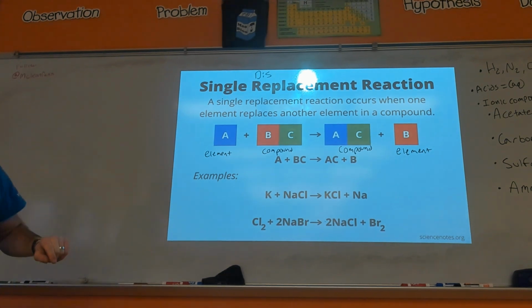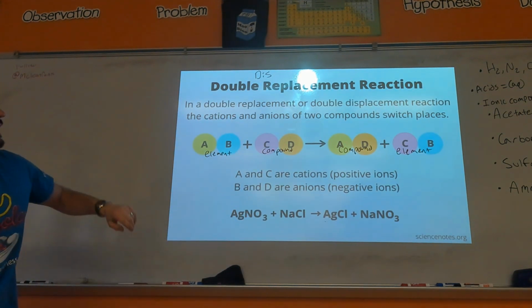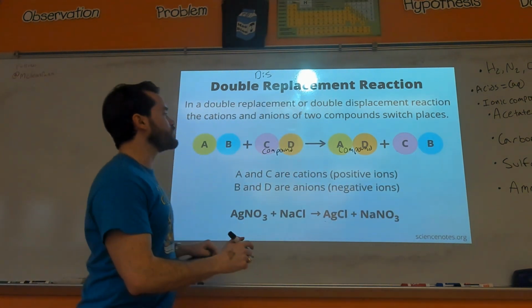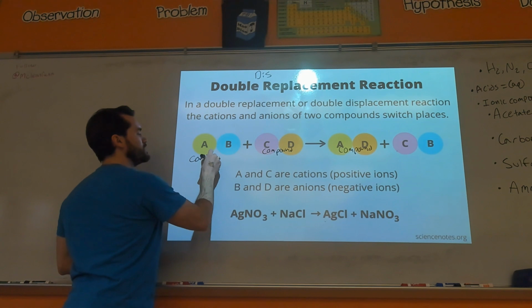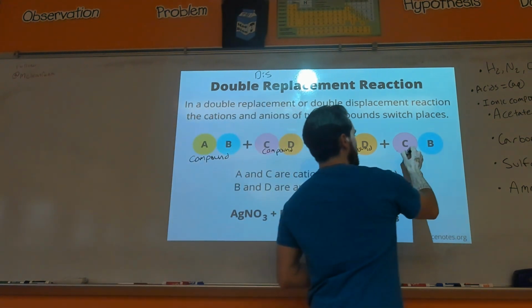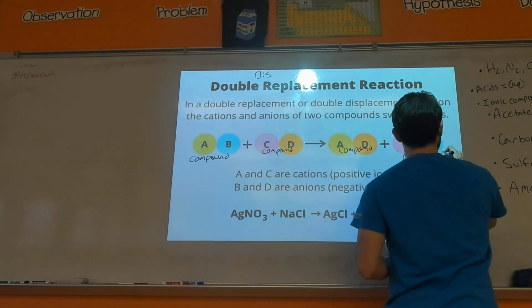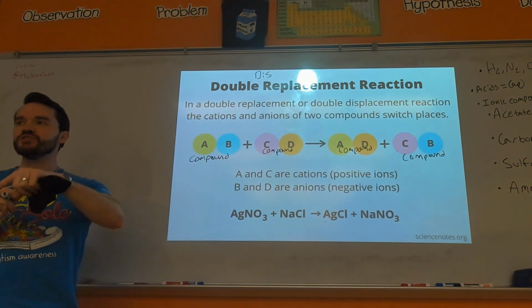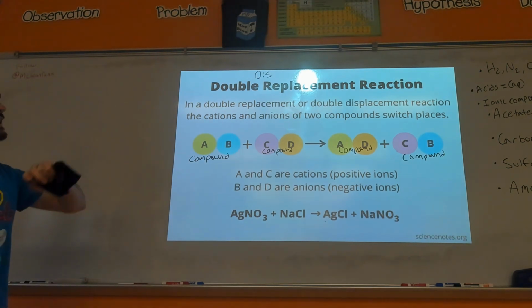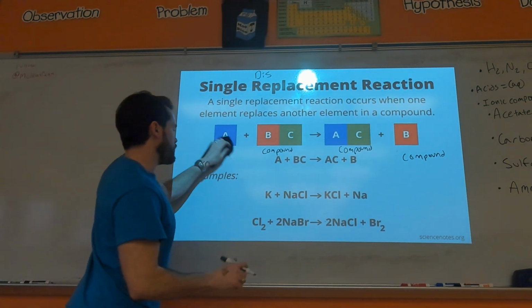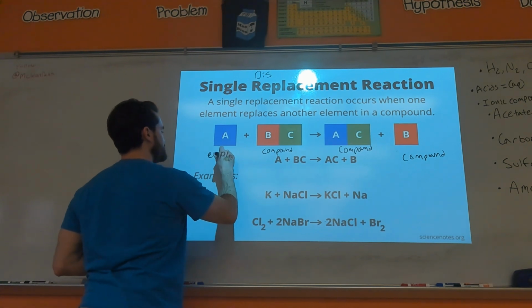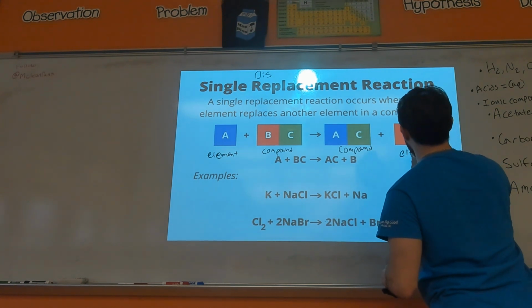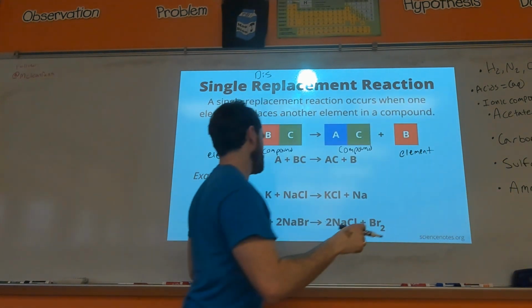Okay? Actually, if you go back to your last slide, I want to add something to it. Using that same format, double displacement is a compound plus a compound, and then you create two compounds. You just swap positions to make two new compounds. So going back to the single replacement, the only difference is you're starting with an element and a compound, and you make a compound and an element.